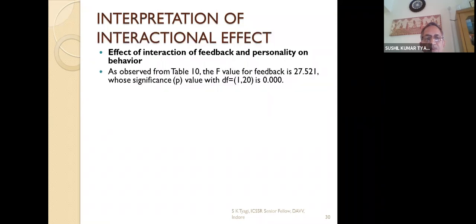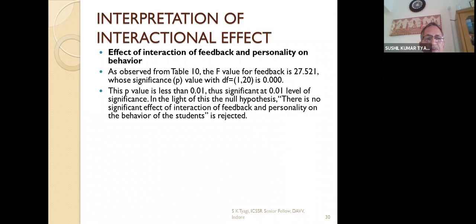As observed from table 10, the F value for the interaction is 27.521, whose significance value with DF 120 is 0.000. This p-value is less than 0.01, thus significant at 0.01 level of significance.